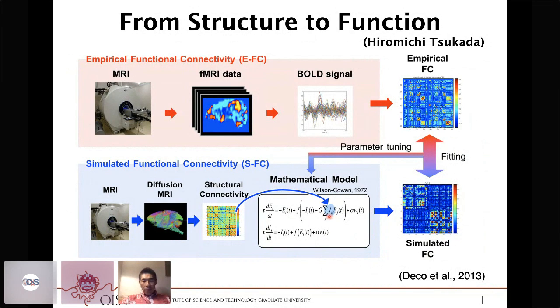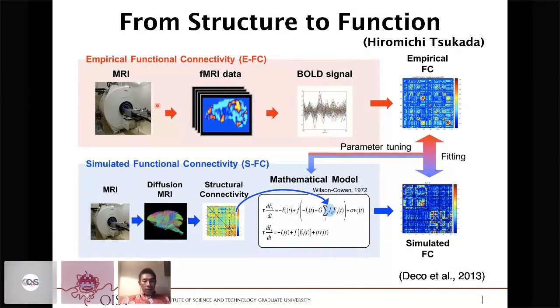We have some parameters like the gain of this long-range connection and the strengths of interaction between the excitatory, inhibitory, and inhibitory to excitatory connections. And then by tuning these parameters, we can simulate the neural activity and compute the functional connectivity matrix.